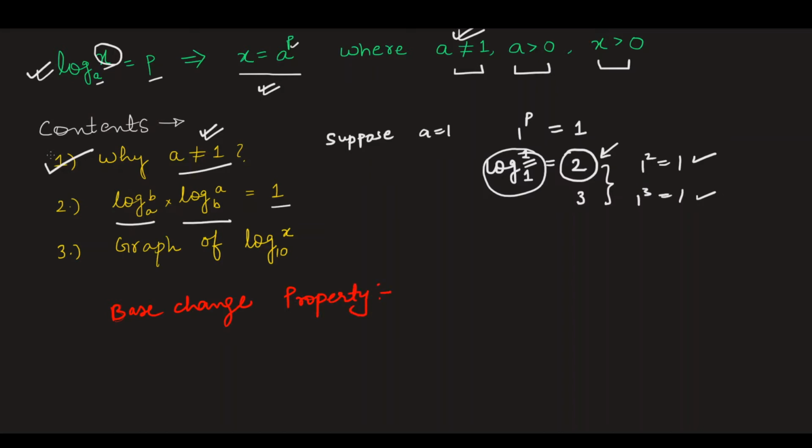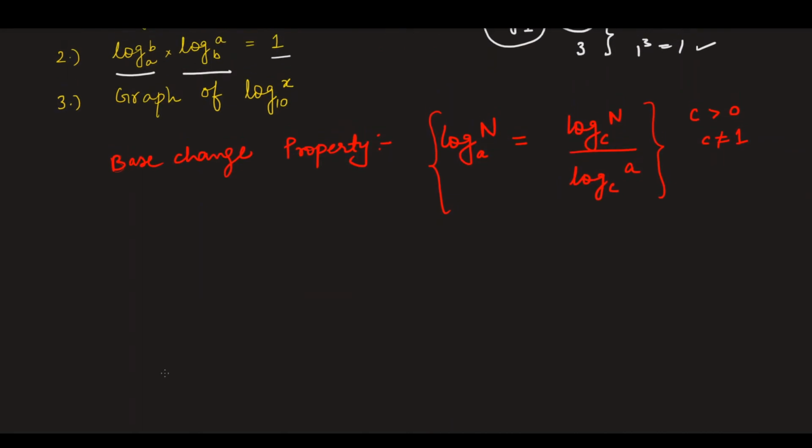It says that if we have a logarithm of n to the base a, we can write it as log of n to a common base c upon log of a to the same base c, where c should be a valid base, that is c is greater than 0 and c not equal to 1. So it was the base change property and we have proved it also. So we will be applying this.